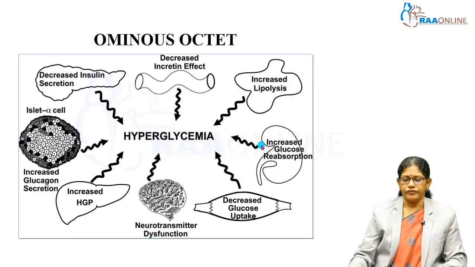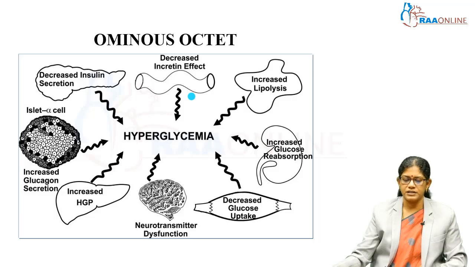The ominous octet is a term mainly referred to for hyperglycemia or diabetes mellitus. Why does that hyperglycemia occur? It may be due to 8 factors. The first may be due to decreased incretin effect. We will be studying incretin in detail in the later slides. For now, we just have to understand what incretins are.